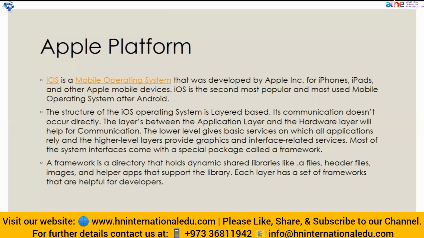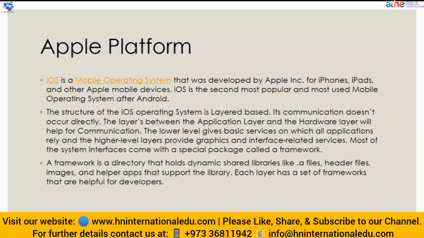Most of the system interfaces come with a special package called a framework. In each mobile platform you have different packages which are used to install, and those packages are called frameworks. A framework is a directory that holds dynamic shared libraries, like files, header files, images, and helper apps that support the library.